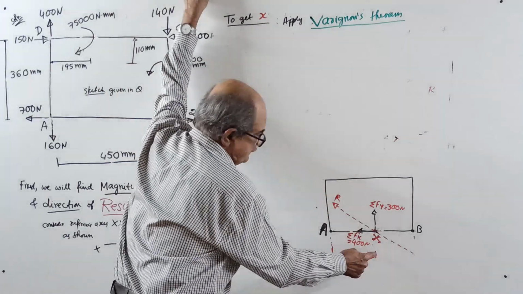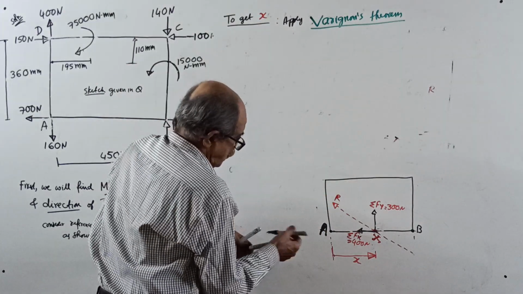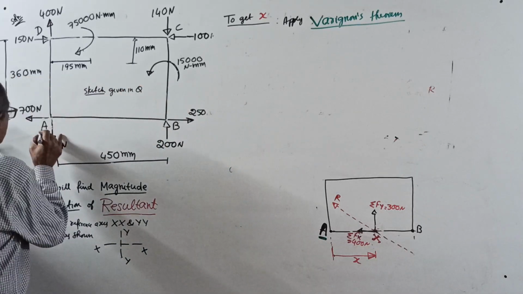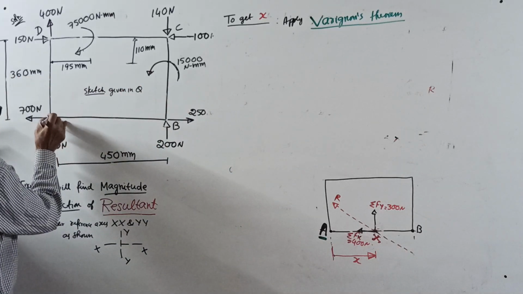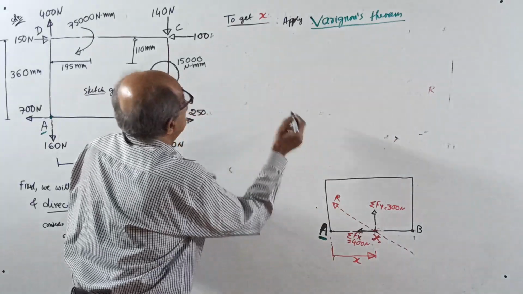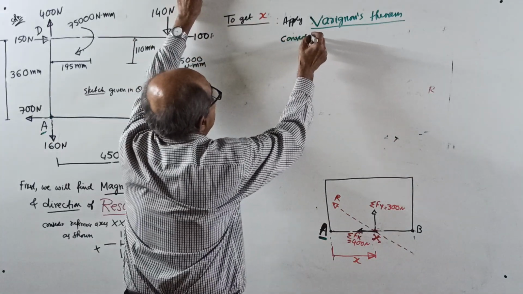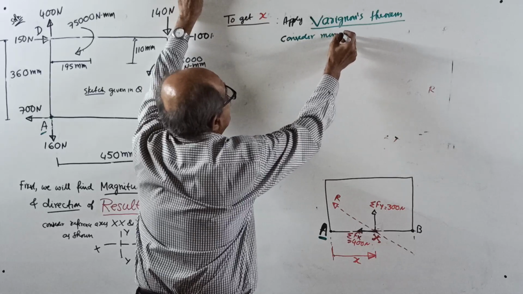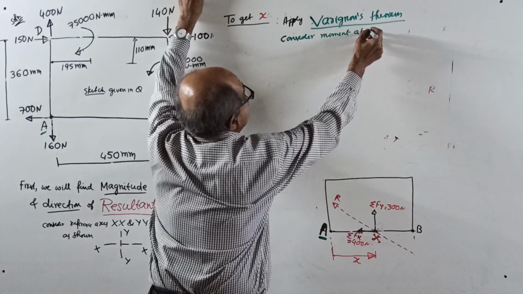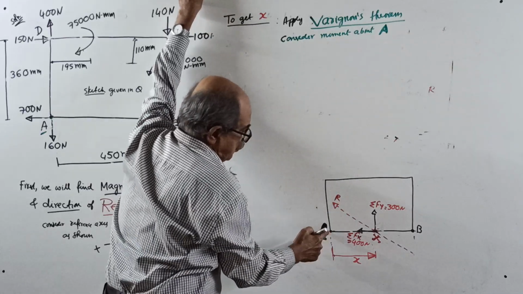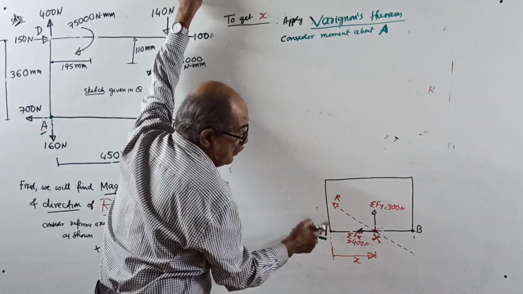Our x distance is from A. Therefore, most important point is A. Mark here and also mark here, red color. Consider moment about A. Why A? I told you. From which point you took x, same point you have to consider.